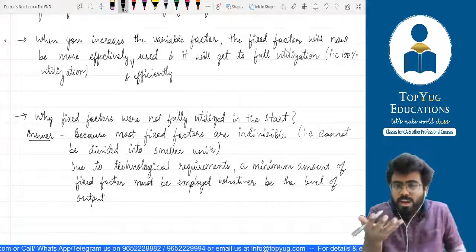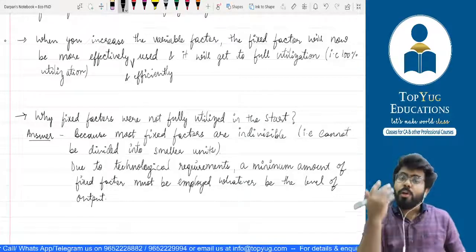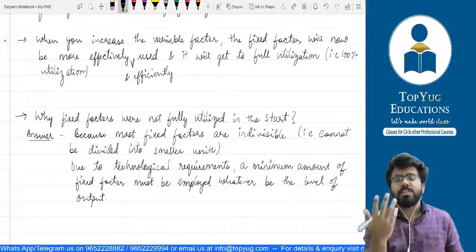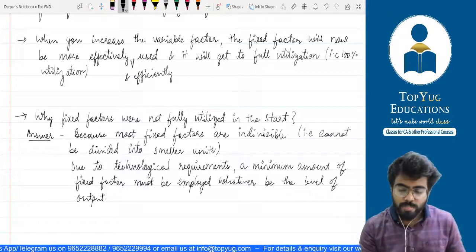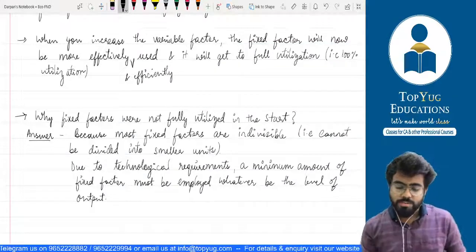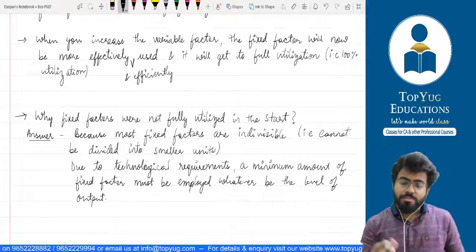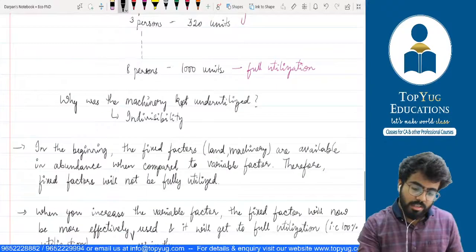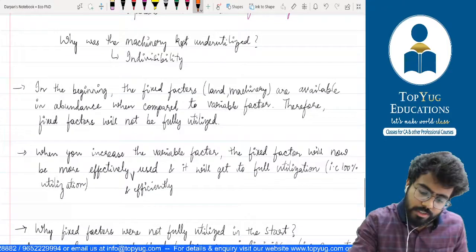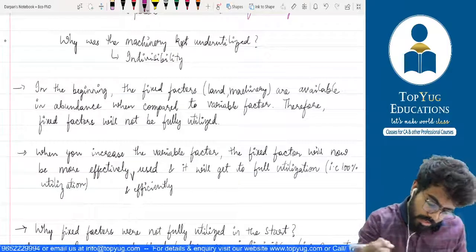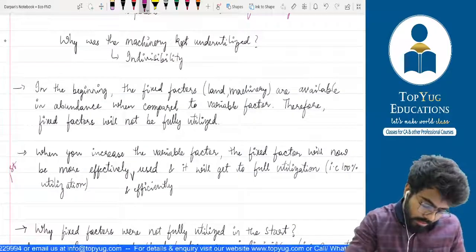So even if you're producing 100 units, what do you have to do? You have to purchase that machinery which has capacity of 1000 units. Correct? That is the meaning of that. So this was the first reason. Okay? So here you can also write, wherever there is space next to the first point, this is the first reason.